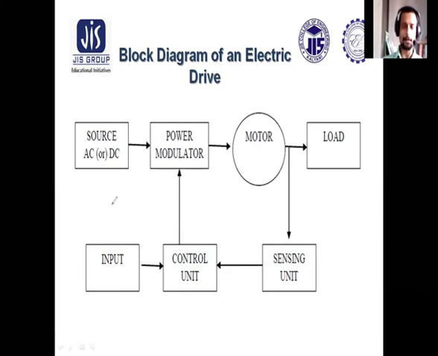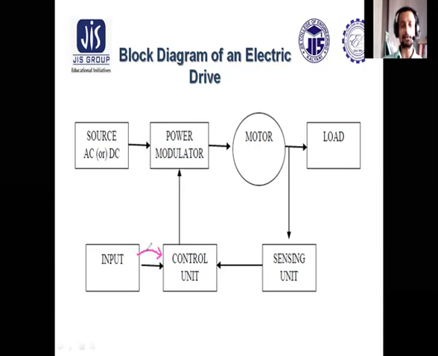Suppose, for example, you want 1500 RPM of the motor speed. So to rotate this motor at 1500 RPM, what do you need to do? You need to provide an input signal to the control unit that you need 1500 RPM. So this input unit will provide the control unit a signal which is the desired response of the user.